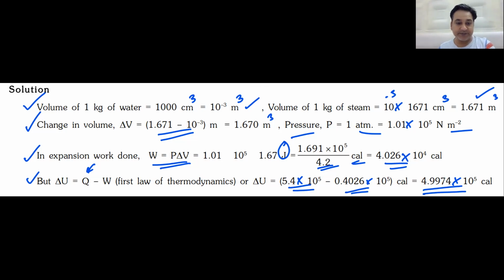Do you understand this? Yes, sir. That is the reason: the volume changes a lot, and you have a lot of latent heat of vaporization, and that is why you get burned with steam and not so much with the same water at the same temperature. Do we understand this?